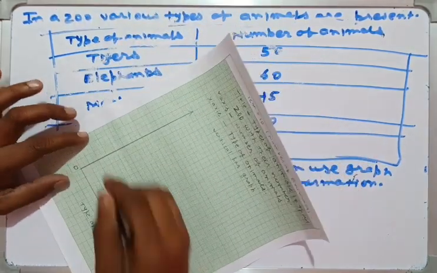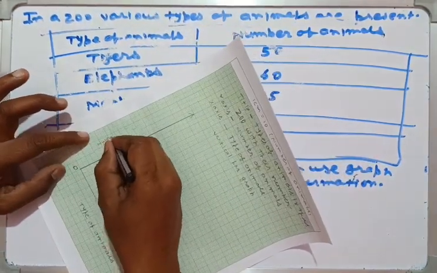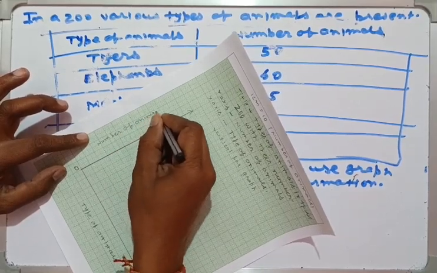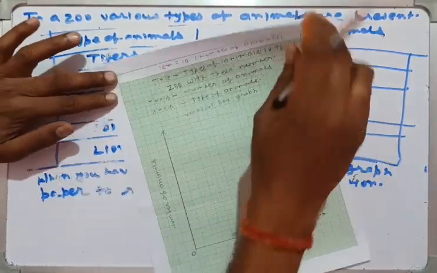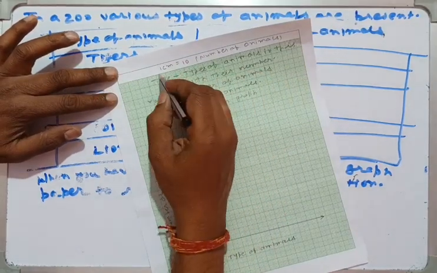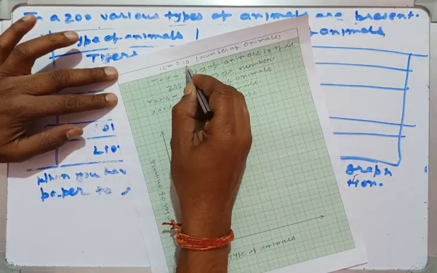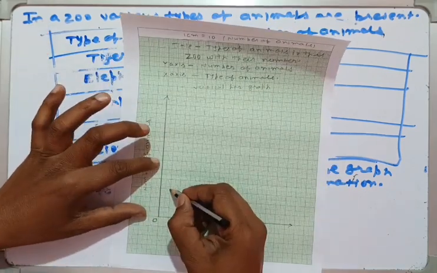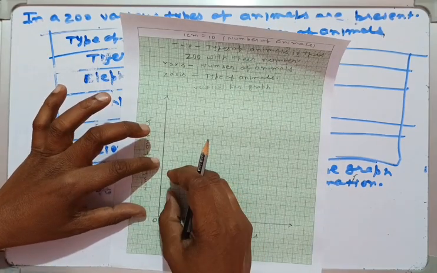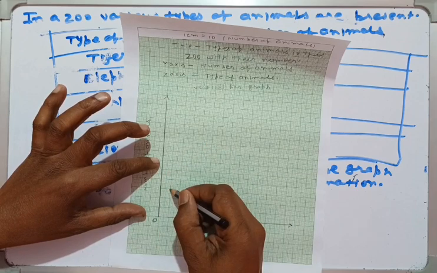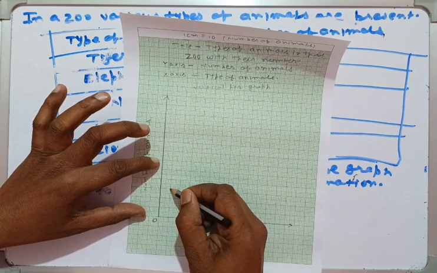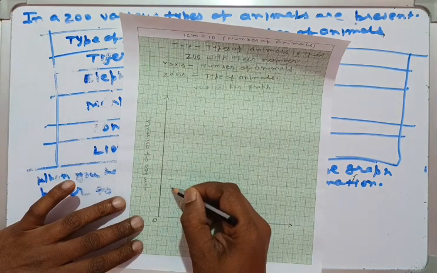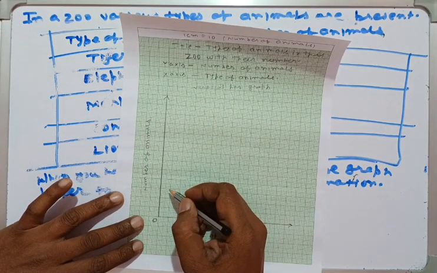So guys, here we write type of animals. Next we will write number of animals here. Consider this: here I assume 1 centimeter equal to 10 units. So this length from here to here is 1 centimeter, or one step.